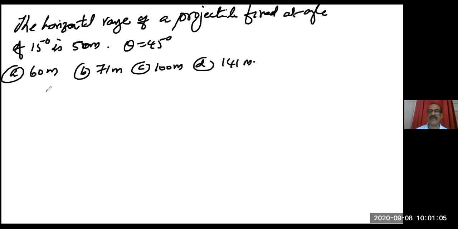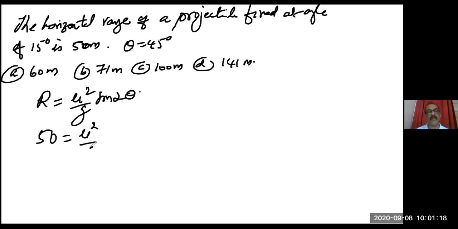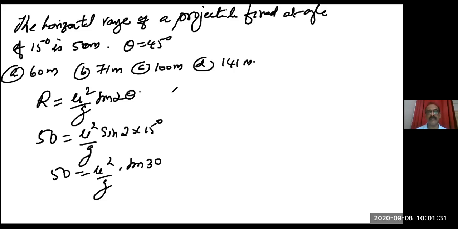First formula, R is equal to U squared by G sine 2 theta. Range 50 meter is equal to U squared by G sine of 2 times 15 degrees. That means 50 is equal to U squared by G into sine 30.